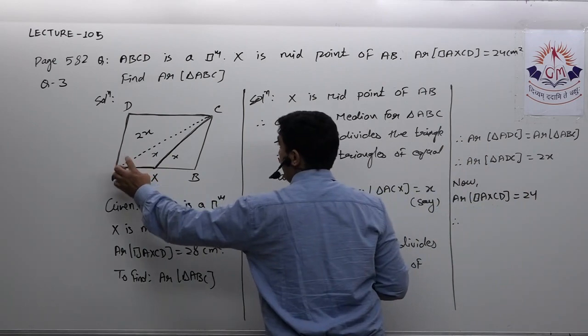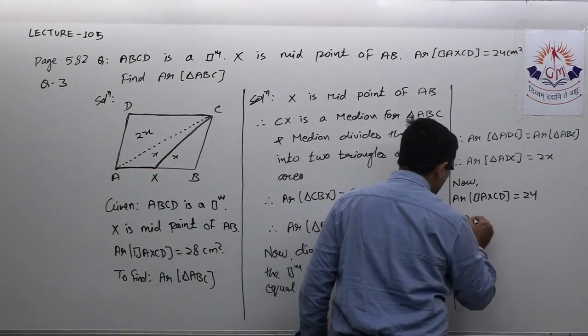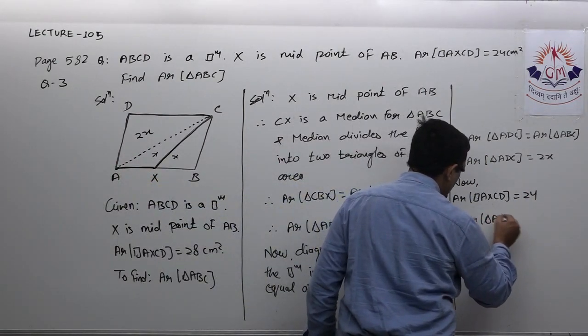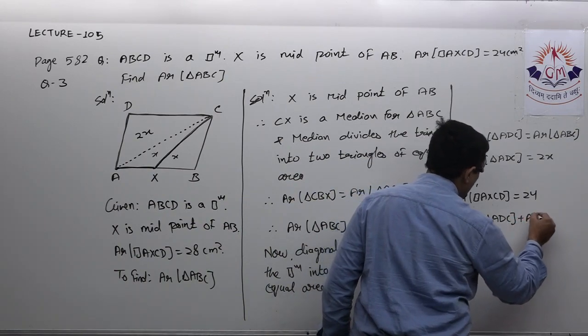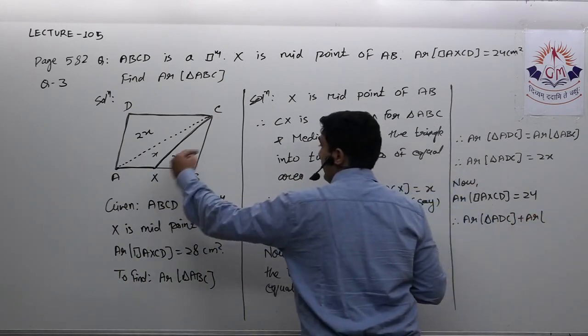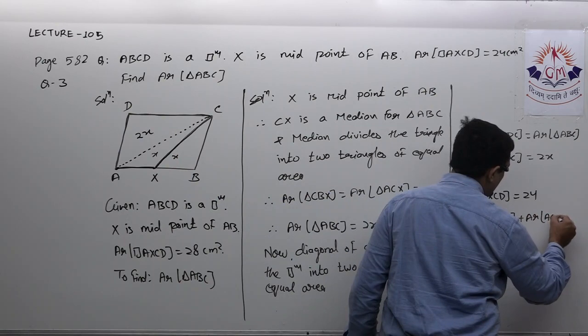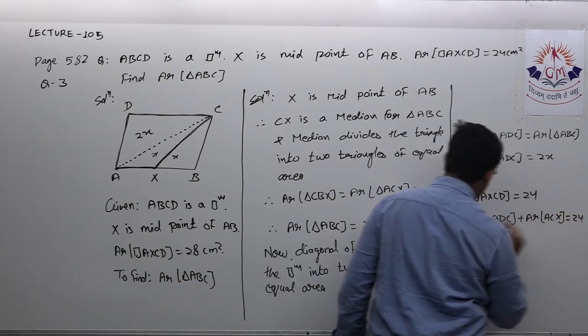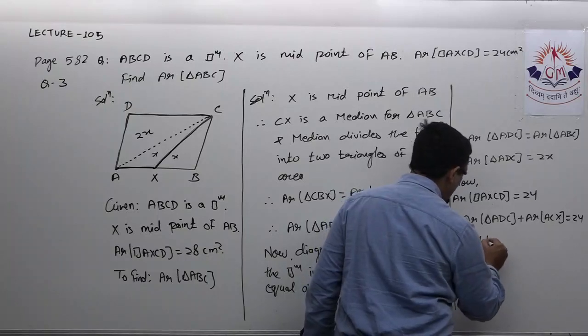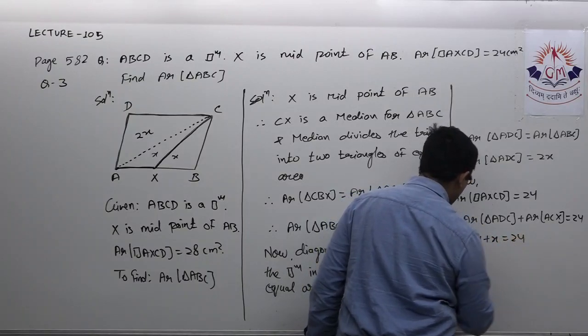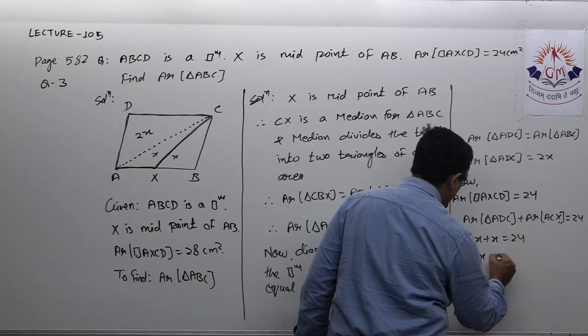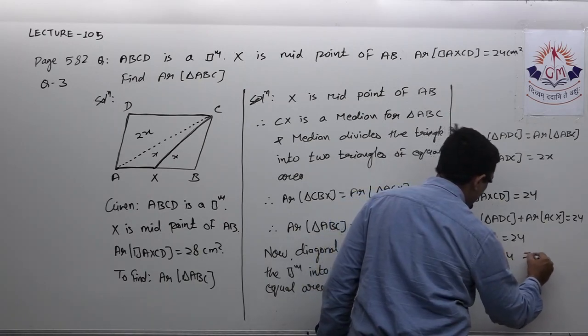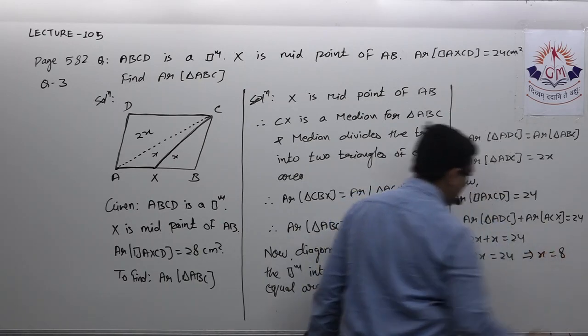Therefore, area of triangle ADC plus area of triangle ACX is equal to 24. Therefore 2x plus x is equal to 24. Therefore 3x is equal to 24, which gives you x is equal to 8.